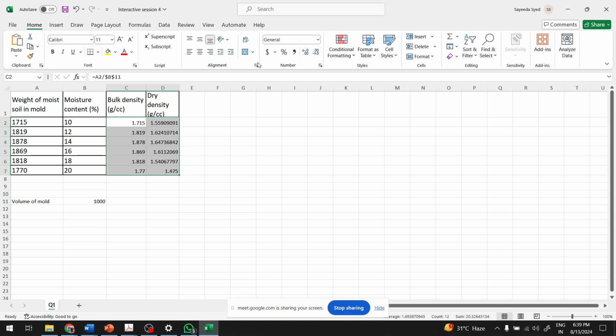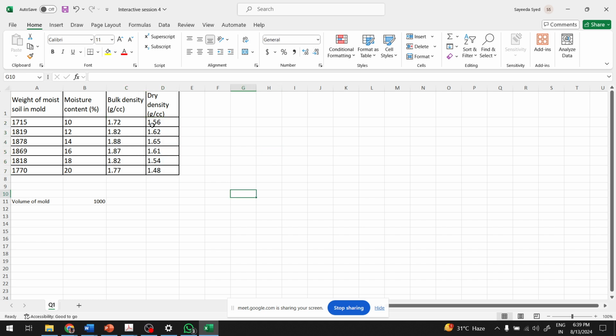So this is the moisture content and this is the dry density.